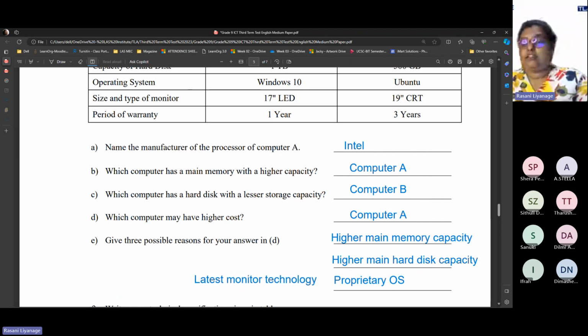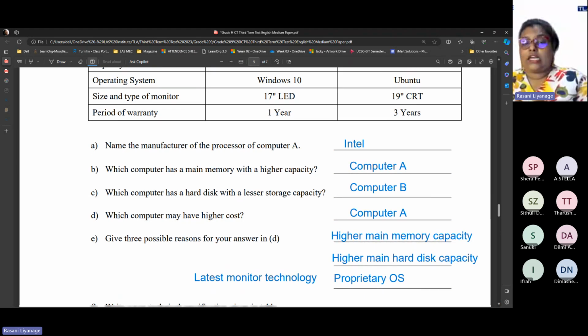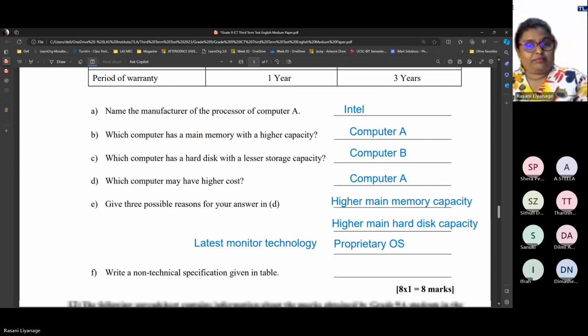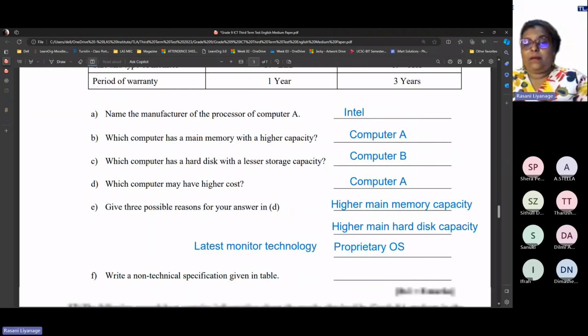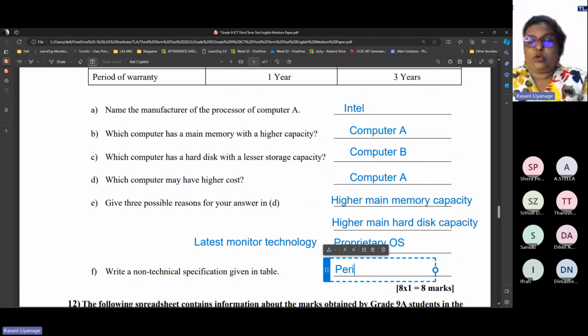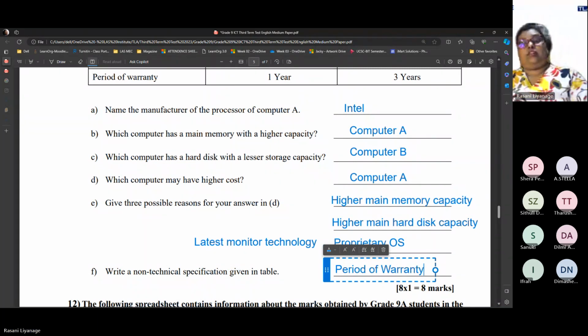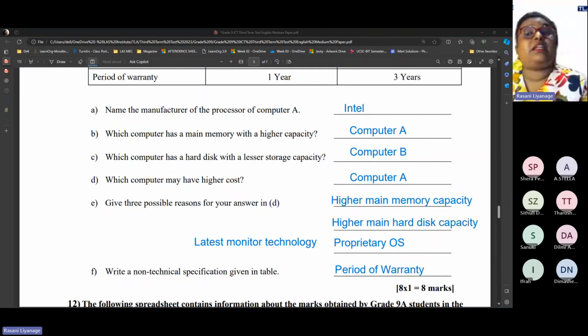ඒක ලියා ගන්න පුතේ. මම හිතනවා ඔයාලා reasons ටික හරියටම ලියලා නැහැ කියලා. ඒ අතර කියනවා non technical specification එක, that is the period of warranty. ඒක නිකම්ම warranty කියලා ලියන්න එපා. Period of warranty. Reasons ටික හරියටම ලියන්න. If it's something higher, greater, say that it's higher. If that is with latest or modern technologies, say that it is latest.